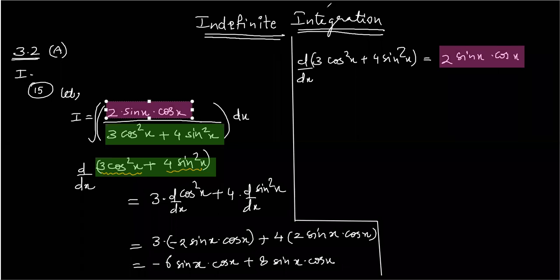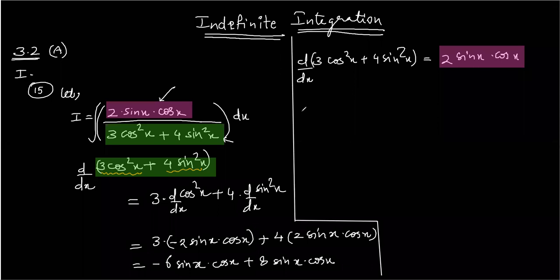So now we have the clear picture. I understand that in this given problem, the numerator happens to be the derivative of the denominator. This just now we did.